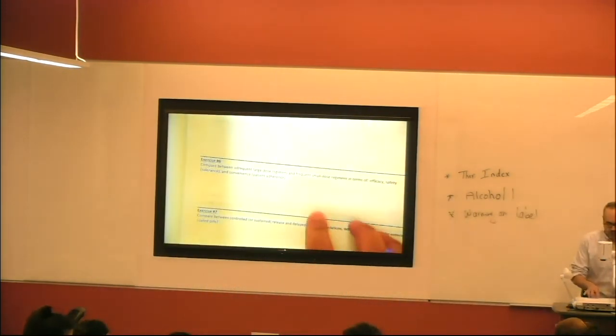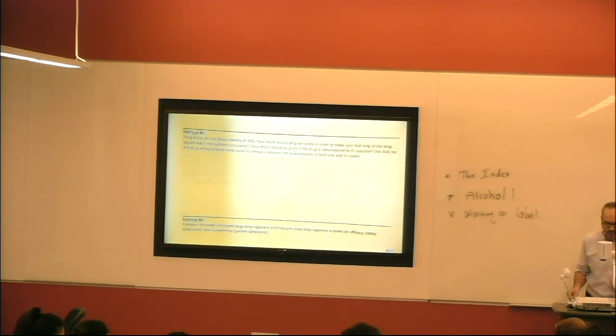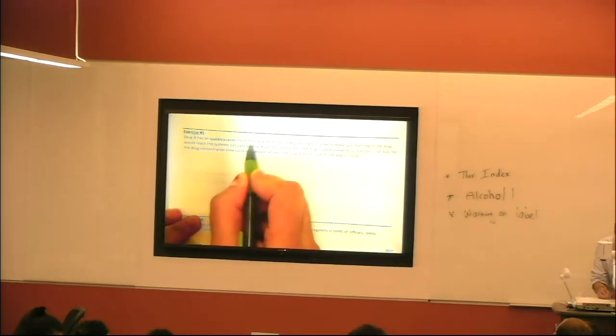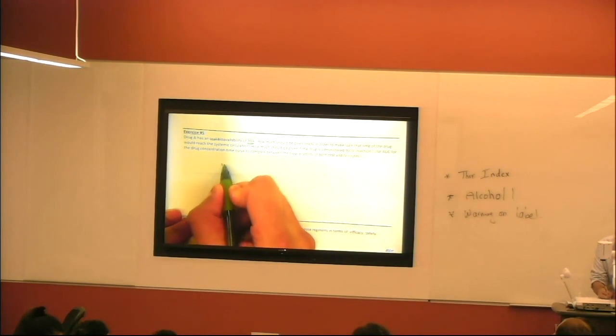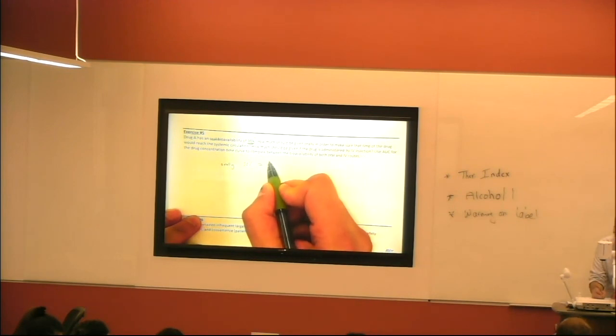Let me go back to question number 5 to finish it, and then we'll open the door for exercises. Questions. So basically, it says that a drug has 30% oral bioavailability. This means that when it's taken orally, 30% is equal to how much of the drug will make it.